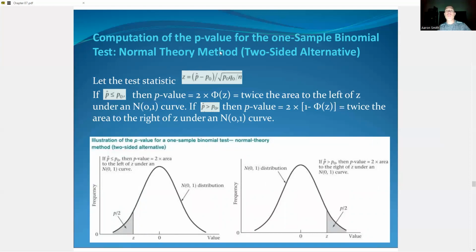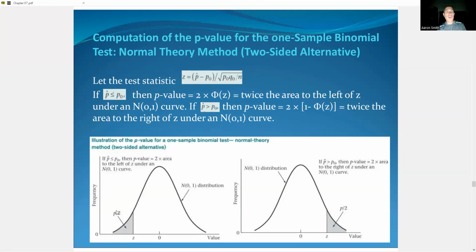Now, computation of the p-value for the one sample binomial test, normal theory method. This is a very similar situation. Basically, if I get a large enough sample percentage of success, then I can go with it being greater.